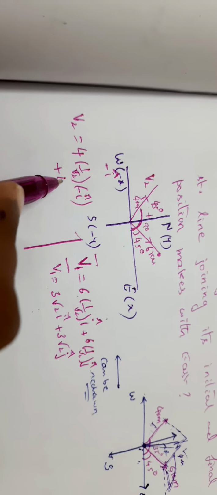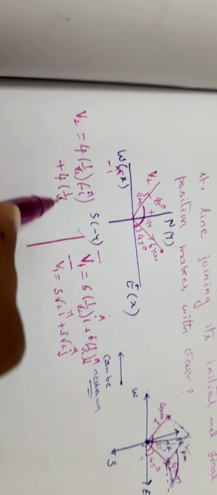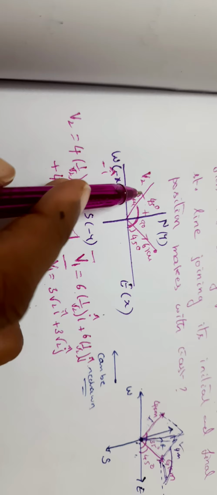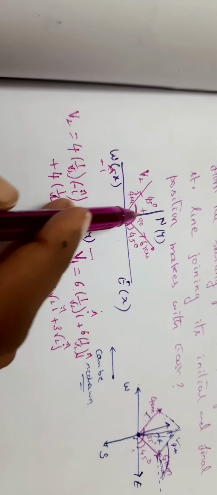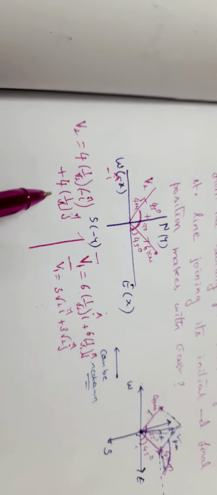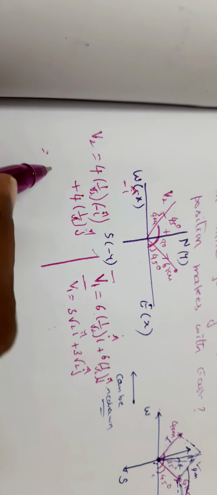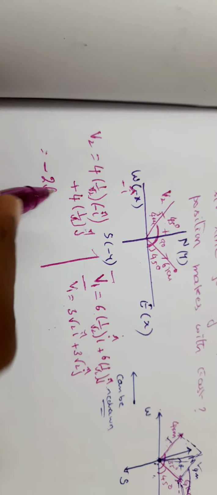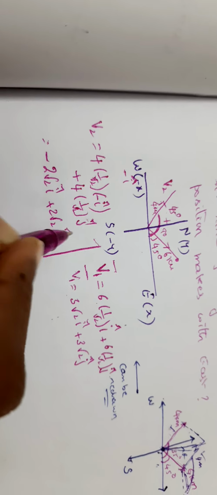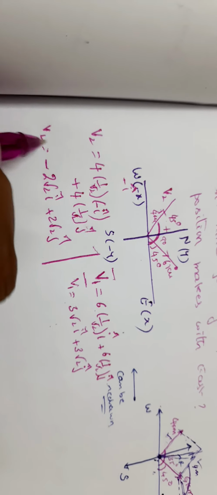Now plus 4 into 1 by root 2 j cap, so 4 sin 45 along the positive y-axis. So therefore this is the condition. Now you have minus 2 root 2 i cap plus 2 root 2 j cap. So this is your V2 bar.